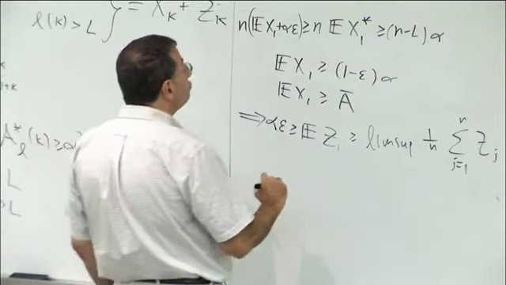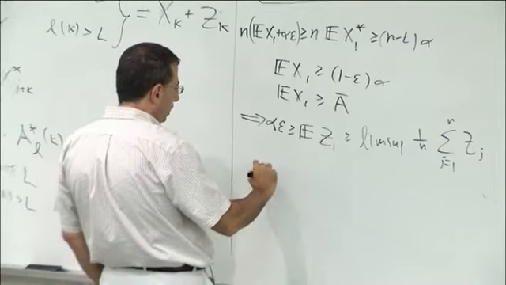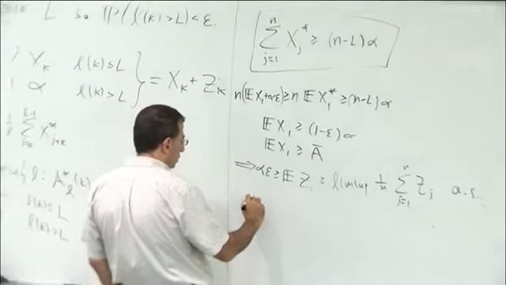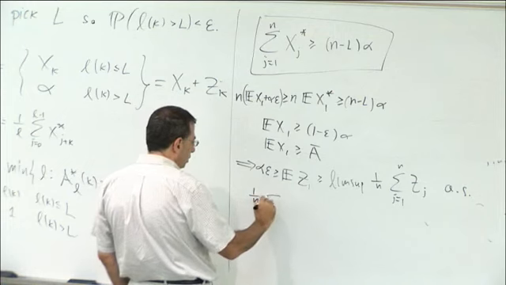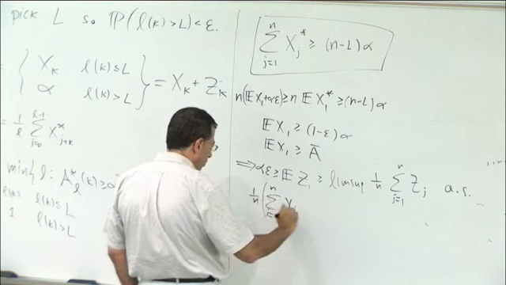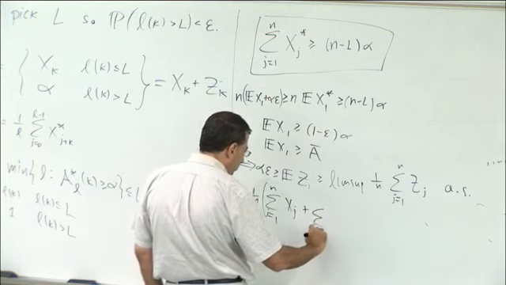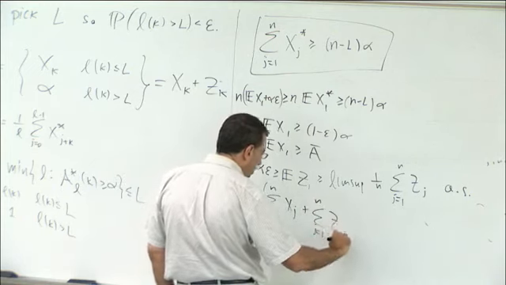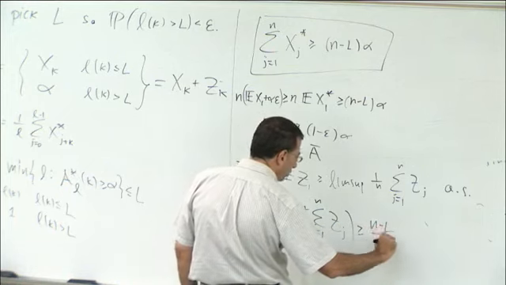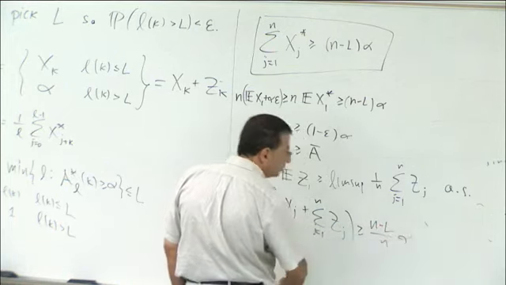Okay, now let's write this inequality in the form: 1 over n, sum j from 1 to n of xj plus sum j from 1 to n of the zj is at least (n minus something) over n times alpha.